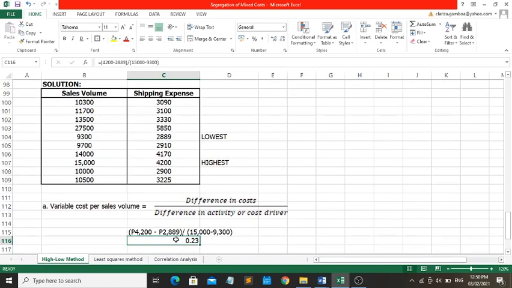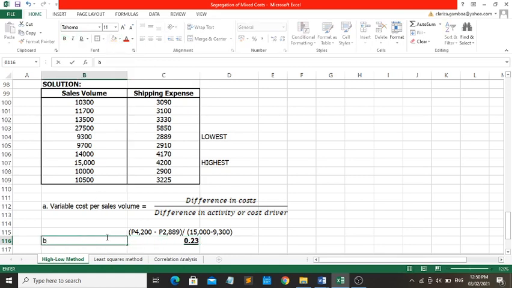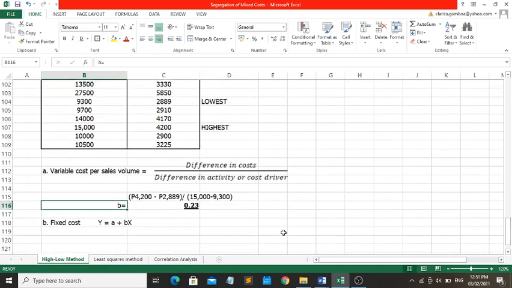Ito ang value ng ating variable cost per sales volume. So, B is equal to 0.23. Nakuha nyo ba yan? Dapat sinasabayan nyo ko habang nagko-compute. So, meron tayong B na 0.23.